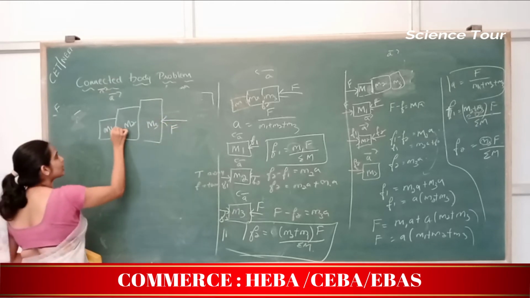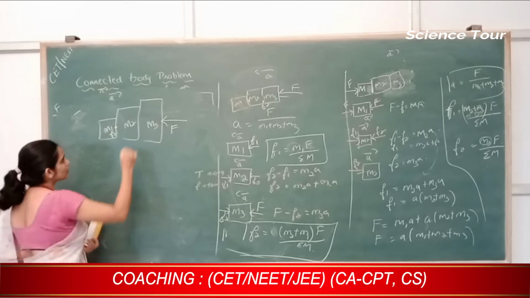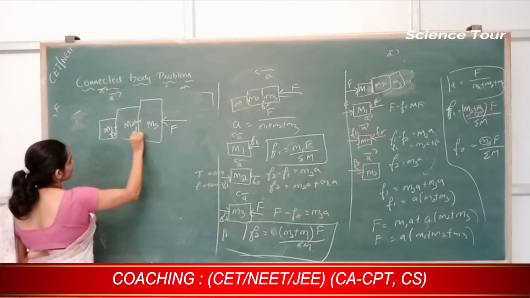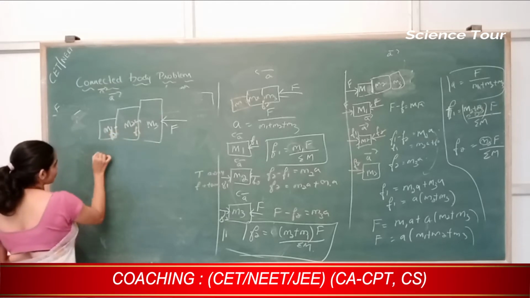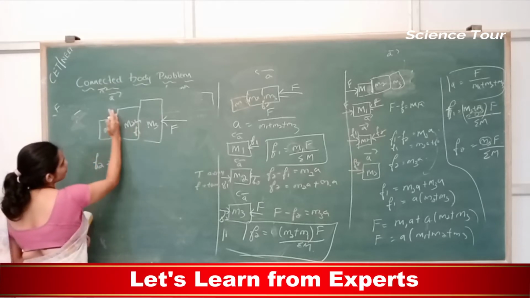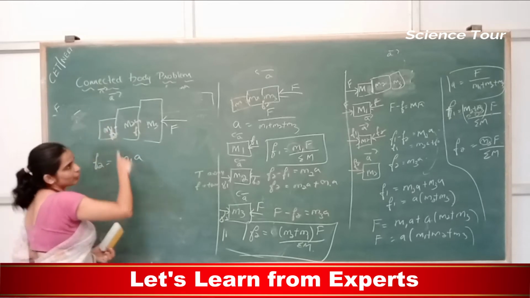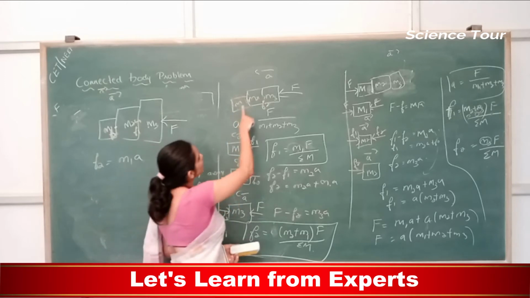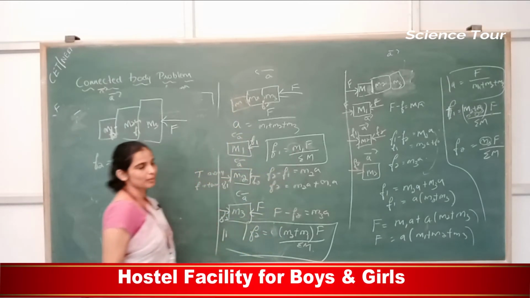Let me call this as F2. This force, the contact force, as F1. This is F2. What will be your F2? See, F2, only one mass is attached, M1 into A. Here F2 is equal to here F1. Is it correct? F1 is equal to M1 into A?